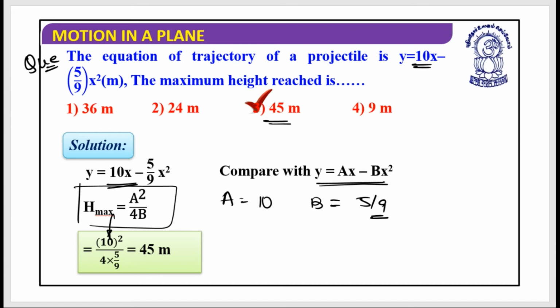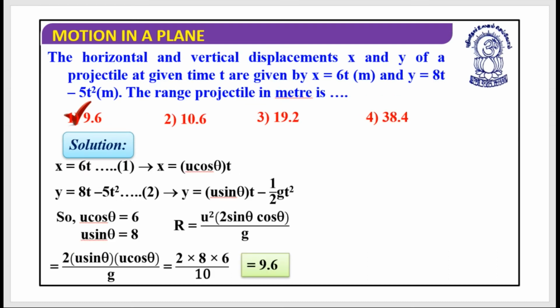Ready for the next question? Are you ready? Yes. So the question is, the horizontal and vertical displacements x and y of a particle at a given time t are x equals 6t and y is equal to 8t minus 5t square.